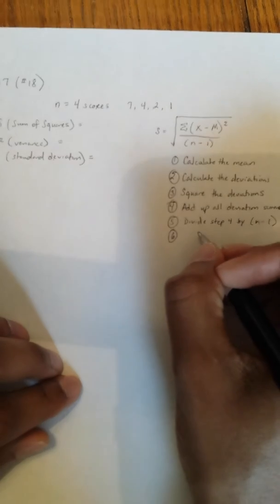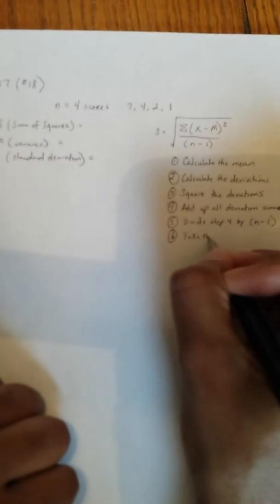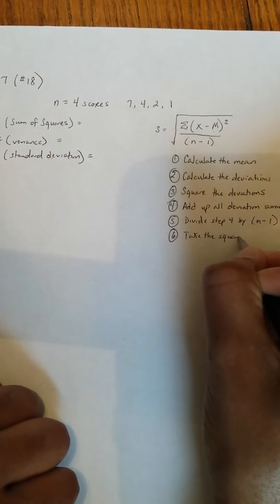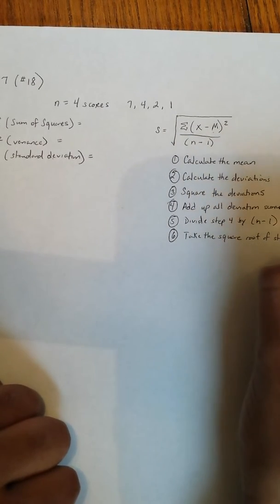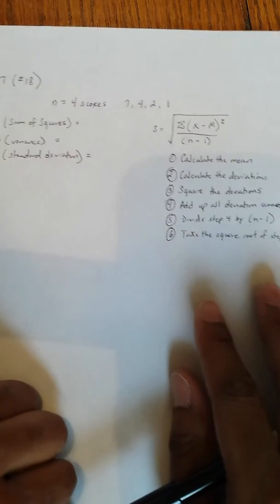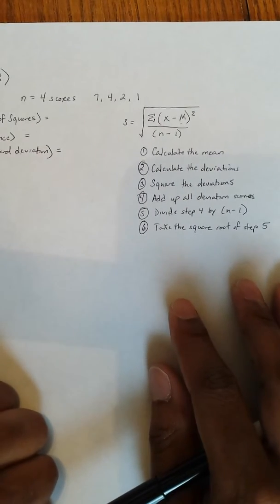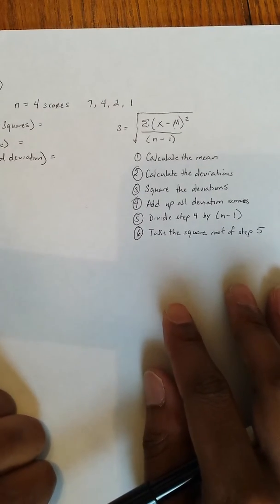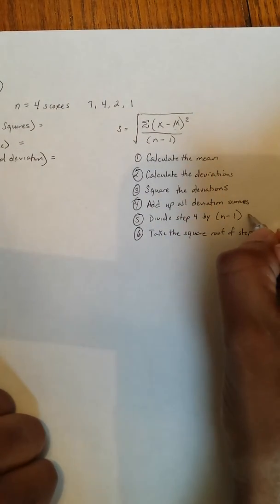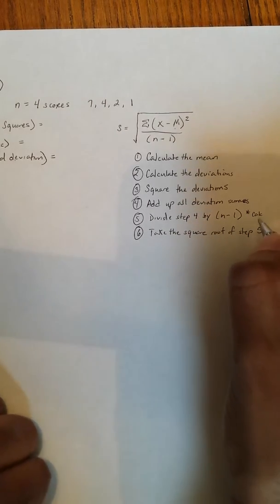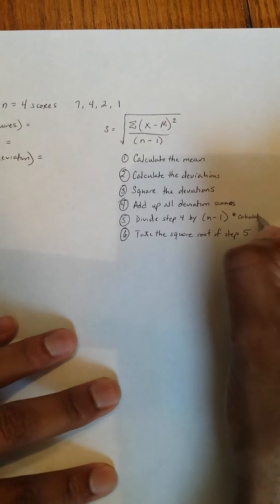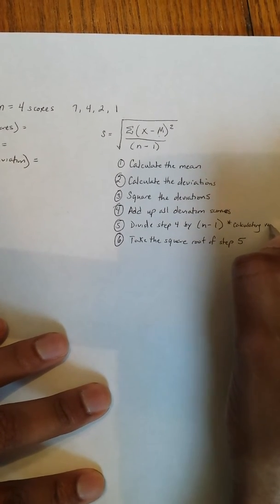Then 6, we are going to take the square root of step 5. Okay, so take the square root of step 5. So here we're calculating variance.